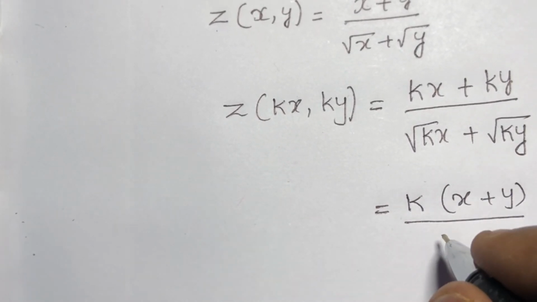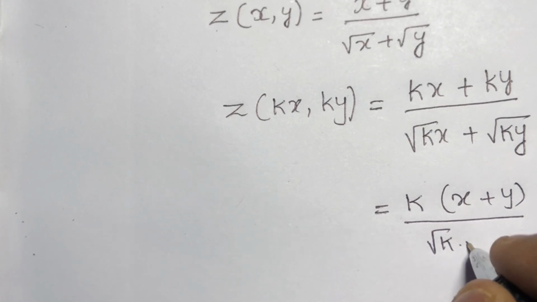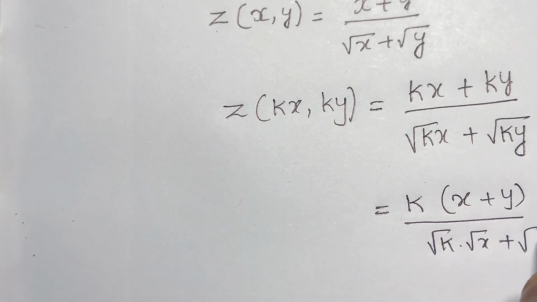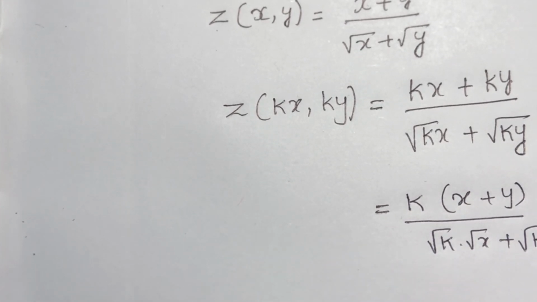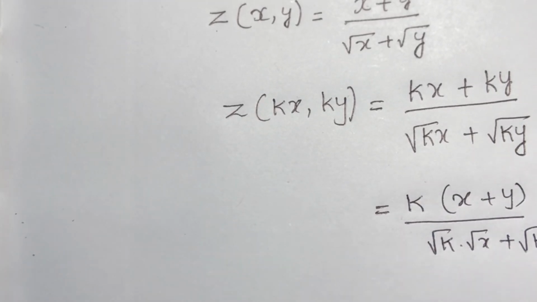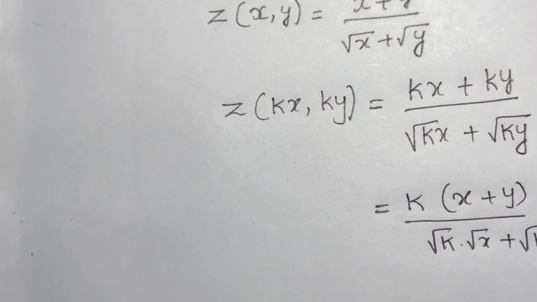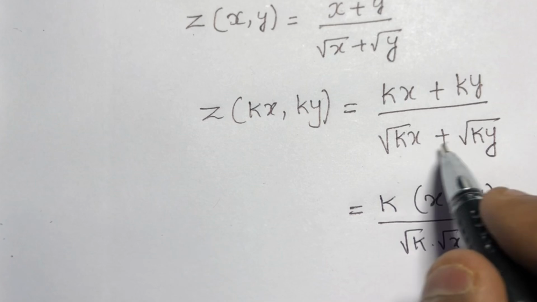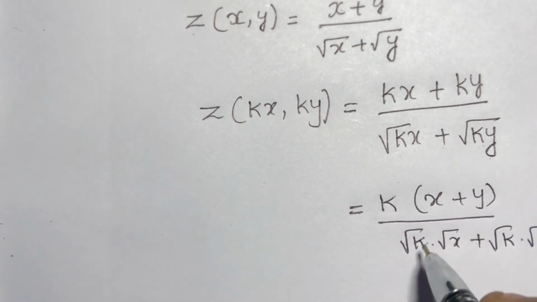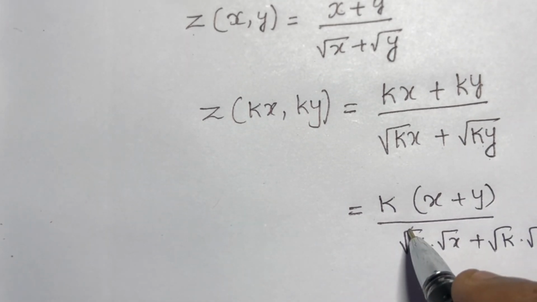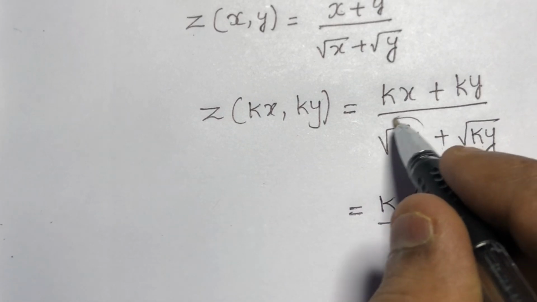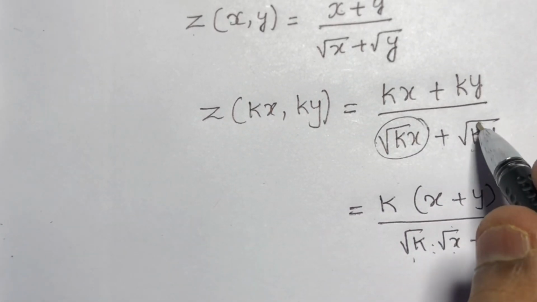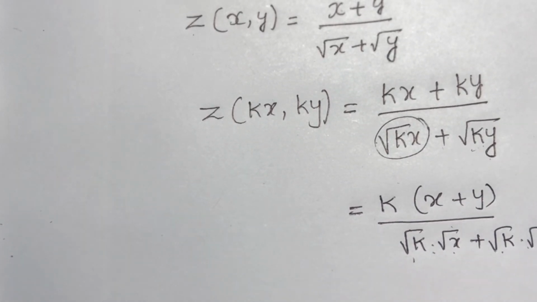In the denominator, under root ab can be written as under root a into under root b, so under root kx plus under root ky can be written as under root k into under root x plus under root k into under root y.